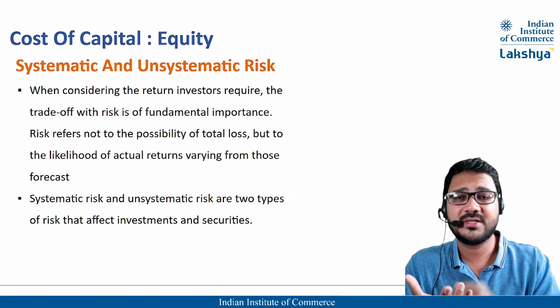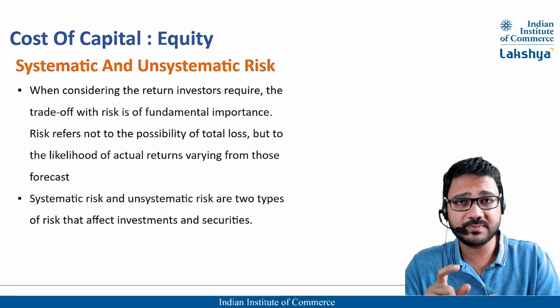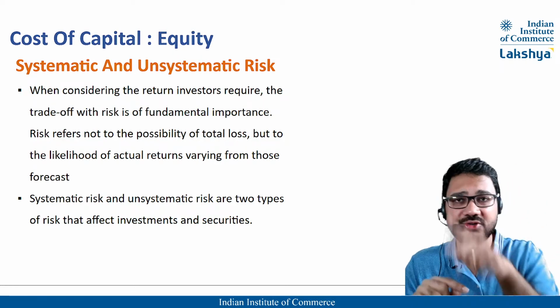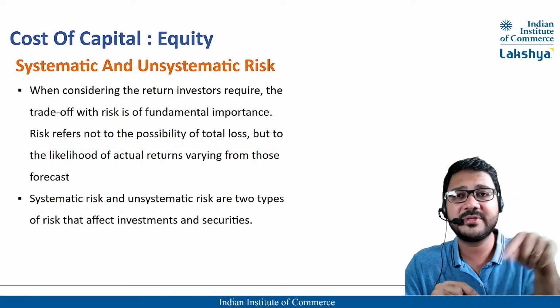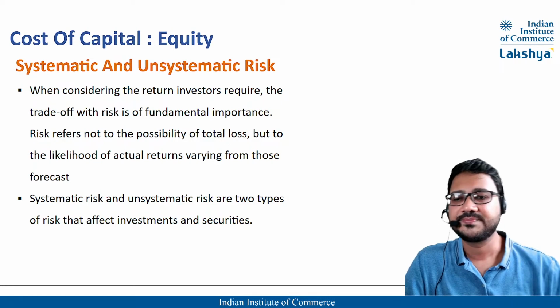Why is that? Because it is risky, in the sense it could lose money very quickly, it could make money very quickly. There's a huge volatility or variability or standard deviation in the stock price.